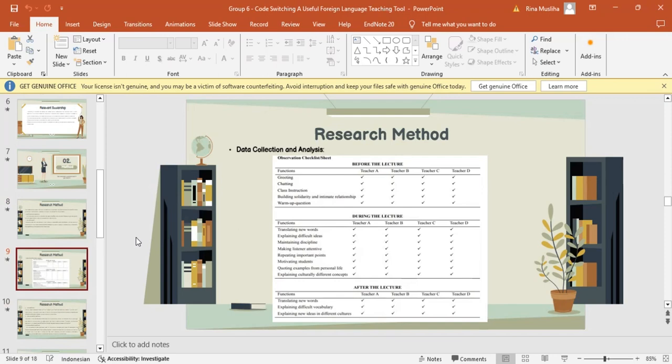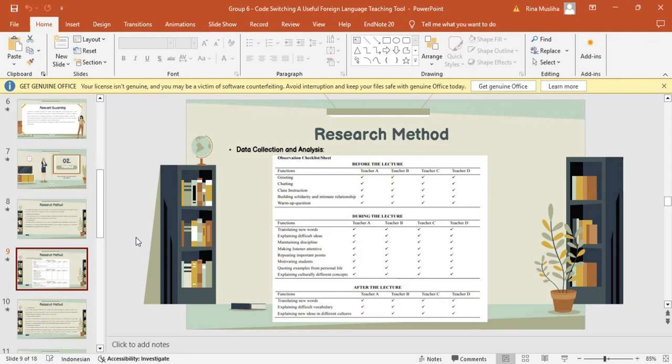During the lecture, the functions are translating a new word, explaining difficult ideas, maintaining discipline, making listeners attentive, repeating important points, motivating students, creating examples from personal life, and explaining culturally different concepts. Teachers A, B, C, D have checklists here.